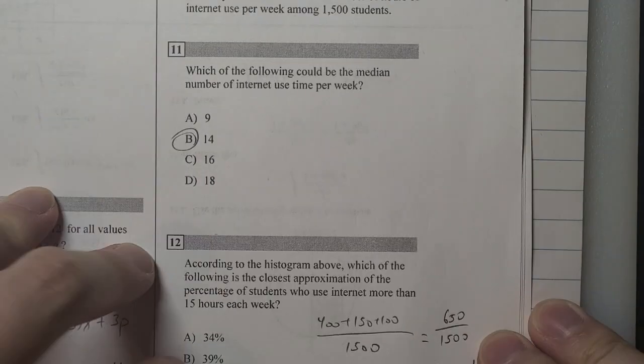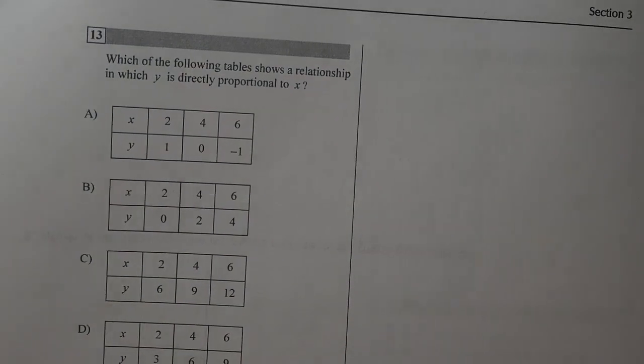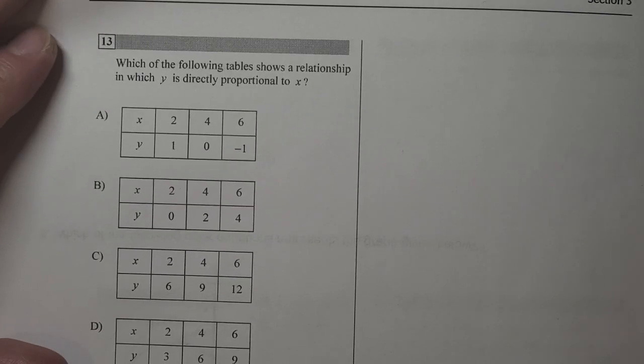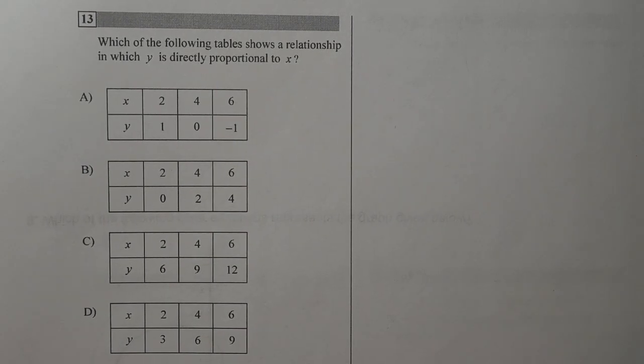All right. Let me finish this problem, and then actually, I should be able to finish this. Not too many left. Which of the following tables shows a relationship in which y is directly proportional to x?